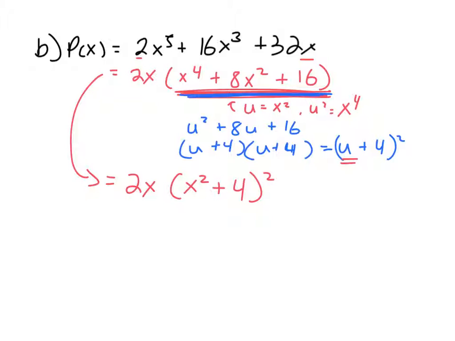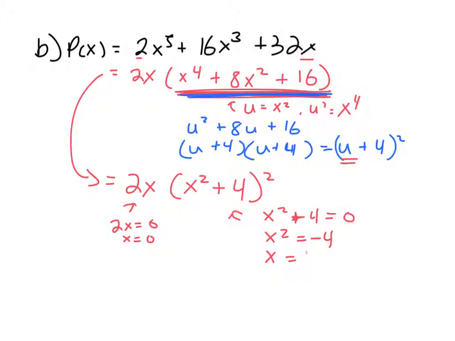Okay, so now let's go ahead and find my zeros. x equals 0 is a zero, okay? And then for this one, x squared plus 4 equals 0, then x squared equals negative 4. So take the square root of both sides.